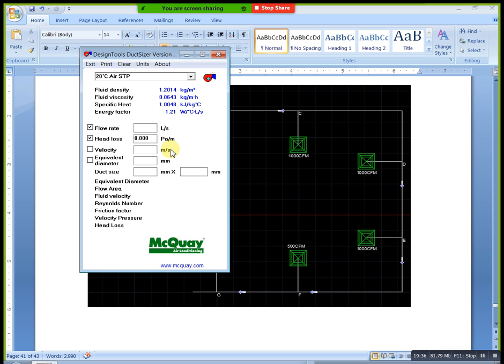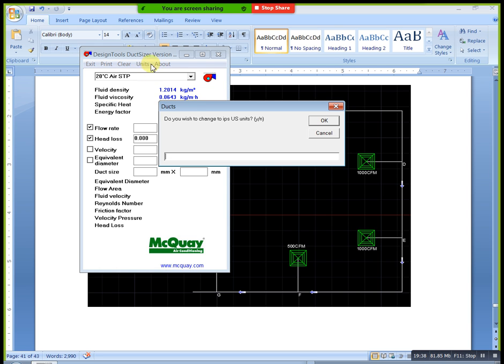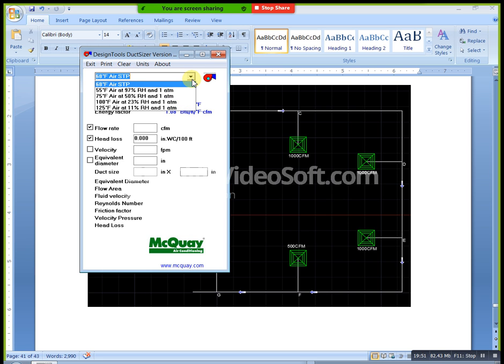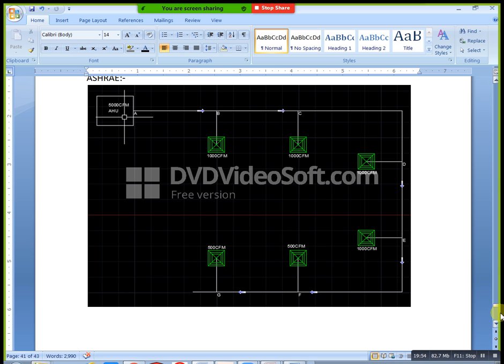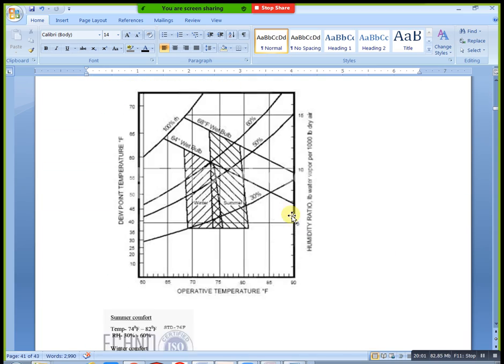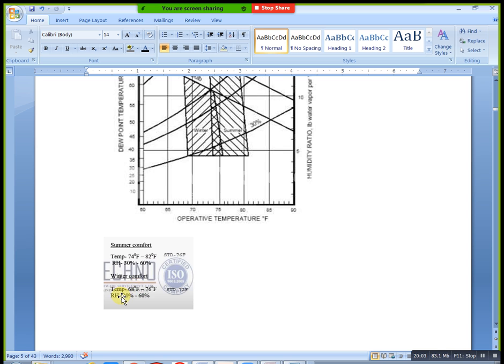Okay, next you need to set your comfort zone. Already I said in ASHRAE, the comfort zone chart is there, in first condition, human comfort. Here we have our possibilities. Winter temperature 68 degrees Fahrenheit, for example summer 74 to 82, and relative humidity, but standard we are taking 75 or 76.